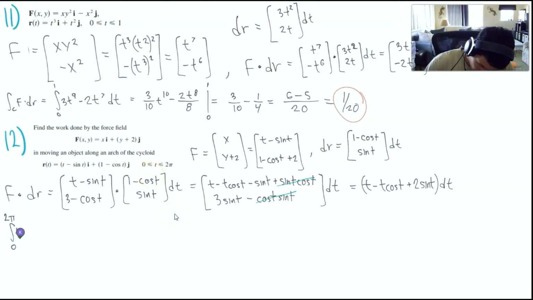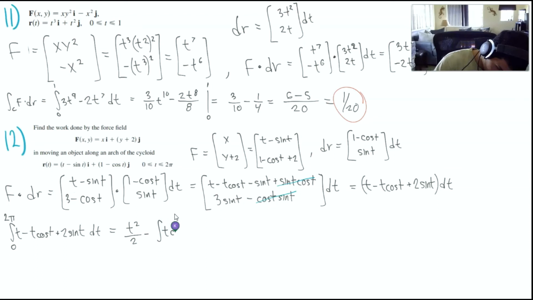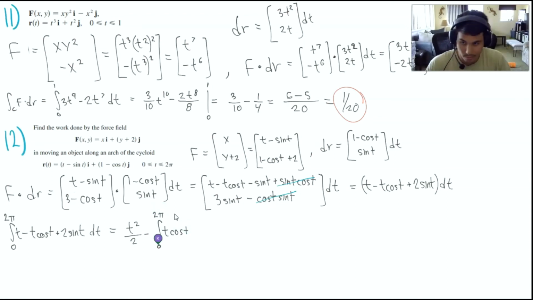So it's the integral of t minus t cosine t plus 2 sine t dt, which is equal to t squared over 2 minus t cosine t. I'll leave that like that, and then I'll solve for it in a second. Okay, I'm just going to leave it like that.